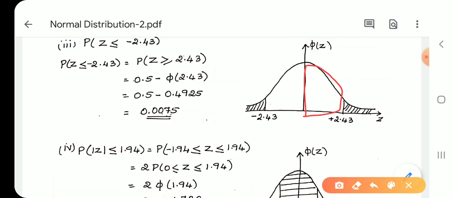So that is nothing but phi of 2.43. So 0.5 minus phi of 2.43, when we do, we get the required region. So 0.5 minus phi of 2.43 is, using the probability table, 0.4925. So 0.5 minus 0.4925 is 0.0075.